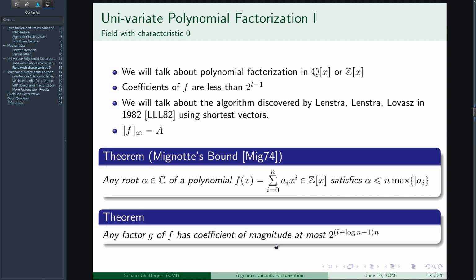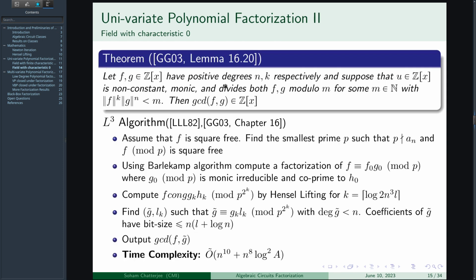Here we assume that the coefficients of f are less than 2 to the power l minus 1, and the infinity norm of f, which means the maximum modulus of the coefficients, is a. Then we get these two bounds: the first bound is on a root of f, and the second bound is on a factor of f. And there is another bound, which gives a bound on f and g based on m.